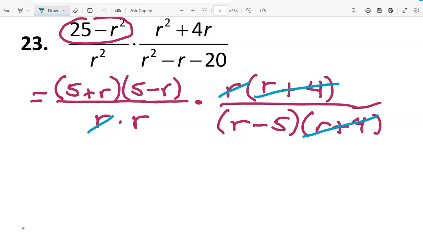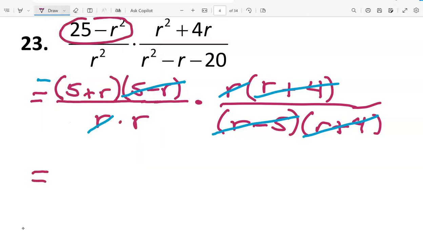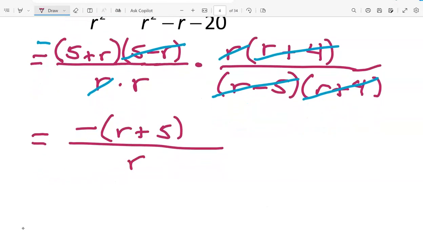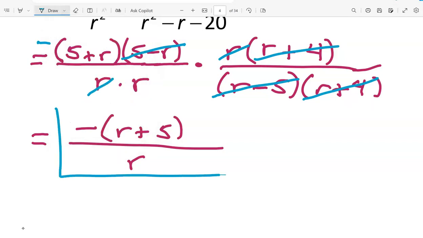And remember that r minus 5 and 5 minus r are opposites, so when I cancel those, that's going to leave us with a negative 1. And what's left is negative, and I'll just change the order on that addition, r plus 5, 5 plus r, same thing, and then that's over r. You can put that negative out in front of the fraction if you don't like using parentheses around the numerator.